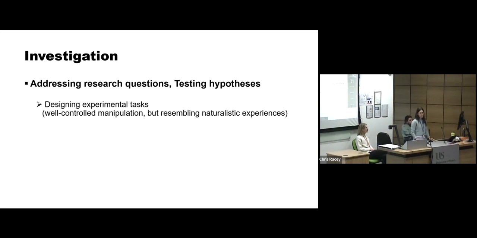So in our lab, we ask people to do these tasks, and then we compare their behavior and brain activity between the different experimental conditions that we have. And we try to design stimuli that resemble naturalistic real-life experiences, but are well controlled, so that we make sure that what we are comparing are not confounded by other unwanted factors.